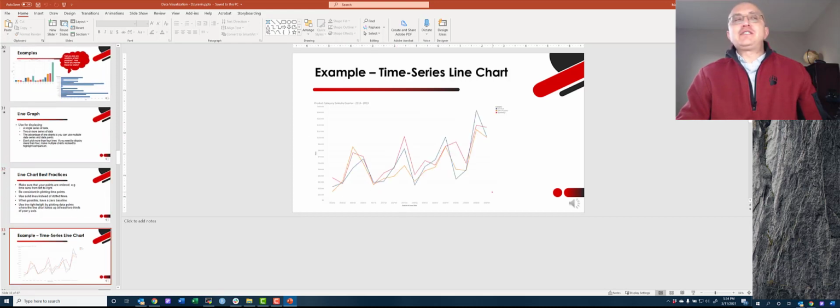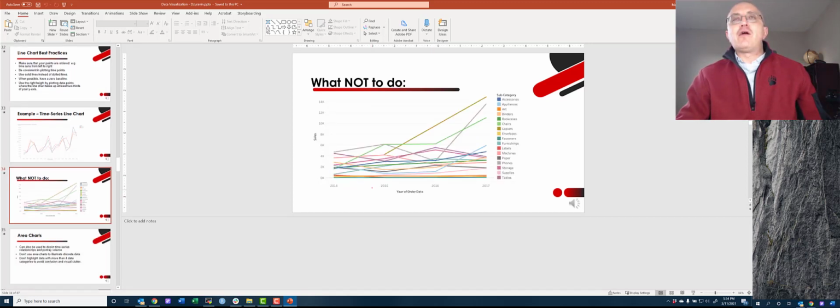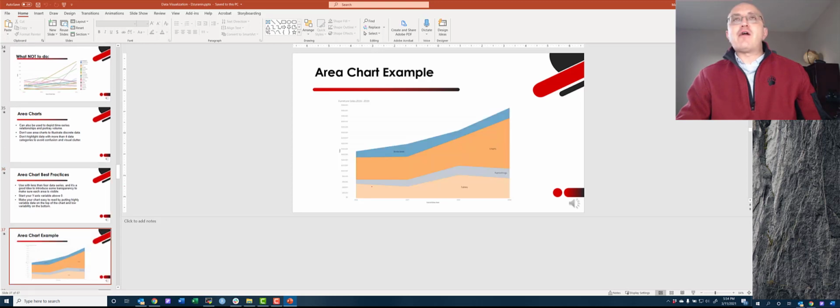So time series is an awesome example when you use a line chart, and that's when time is along the x-axis. And for better or for worse, Tableau really enforces this. It requires that you have a date along the x-axis in order to do a time series, a line chart, sorry.